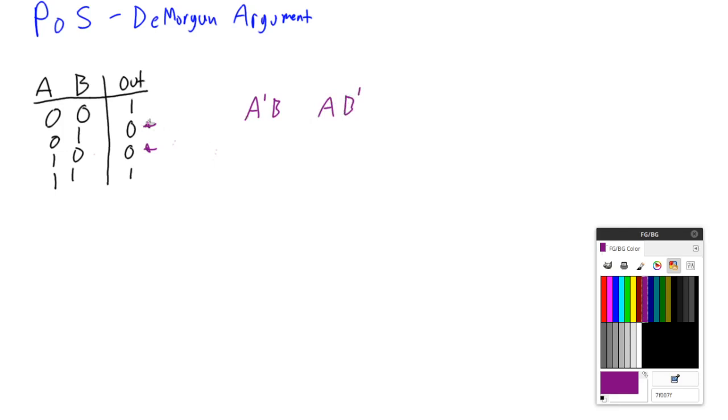So remember, product of sums is saying we're looking for if we're not at either of these conditions. So let me flip this real quick and say, what if I wanted to check if we are at either of these conditions? All we'd have to do is OR them together. Are we here or there?